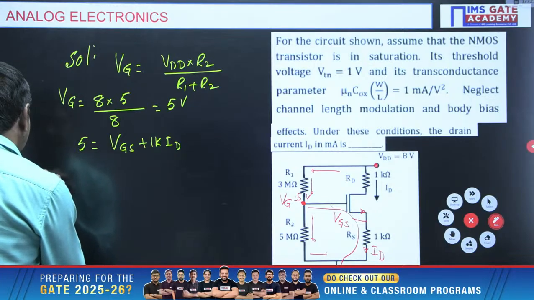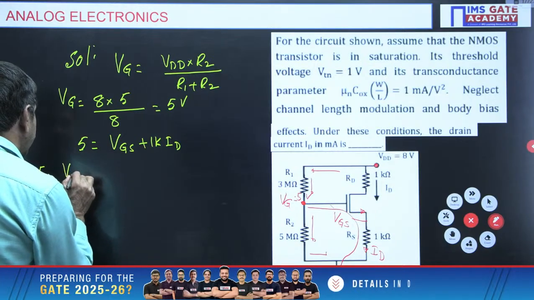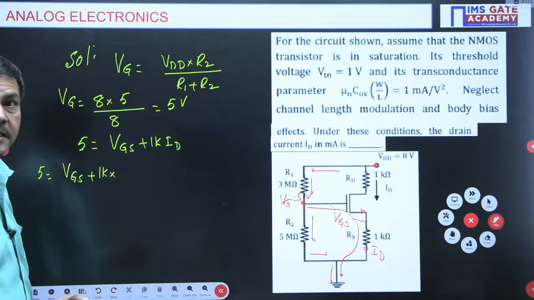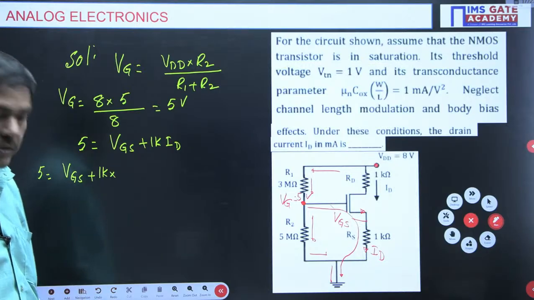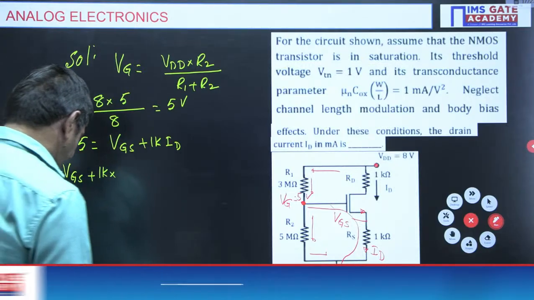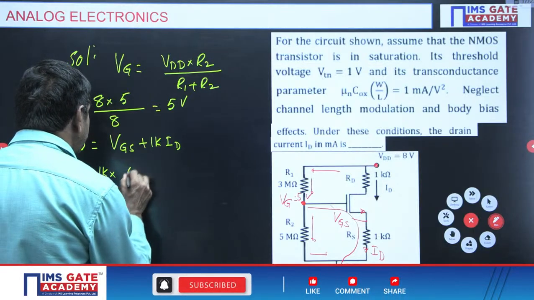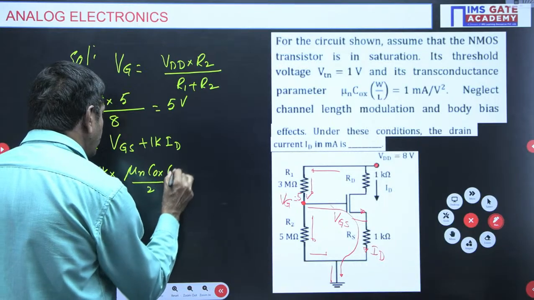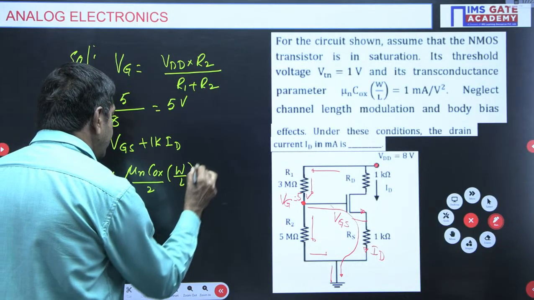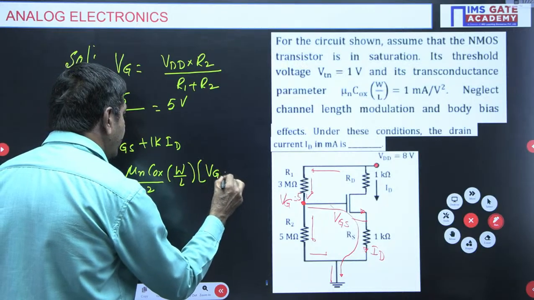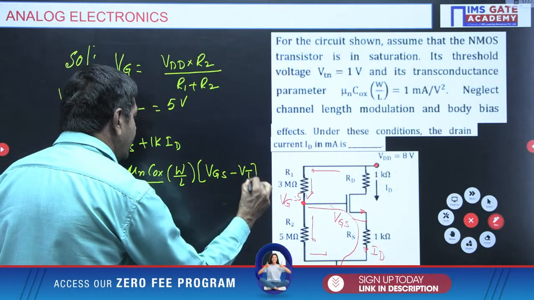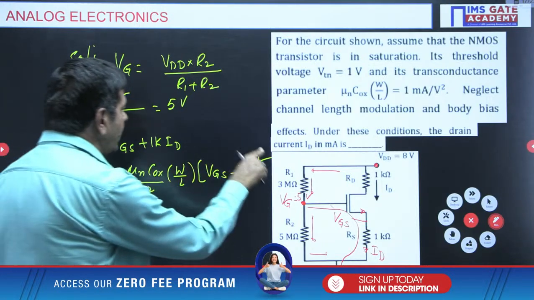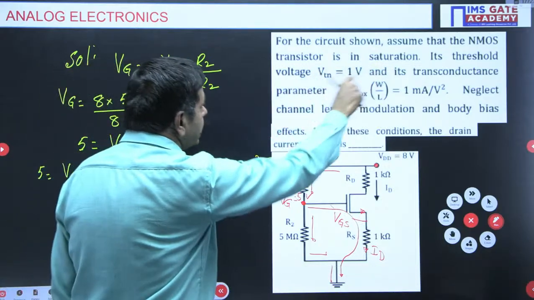But you know very well, when the MOSFET is in saturation, what is the drain current formula? mu n CoX by 2 into W by L into VGS minus VT whole square. It is in saturation, given.